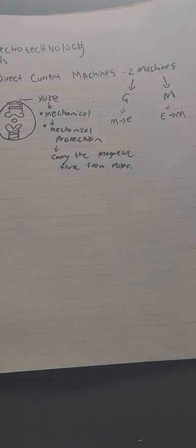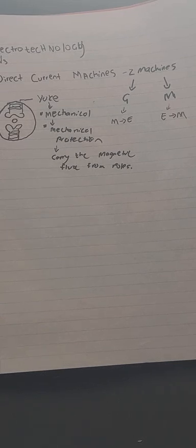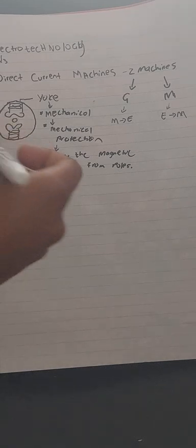The first is mechanical support of the field system, the second is mechanical protection, and the third is to carry the magnetic flux from the pole.